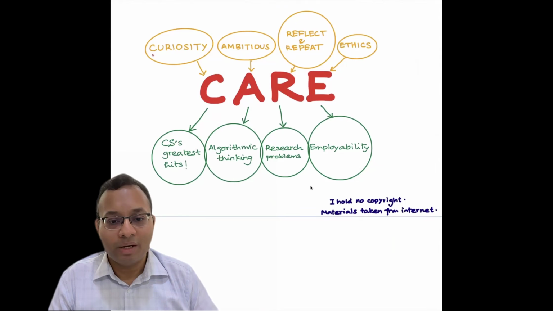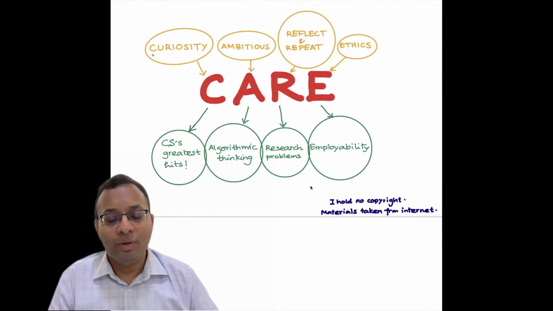I notice new patterns, new insights. So spend some time thinking about the algorithms, solve problems, and repeat. And last, very important, is ethics. The work ethic, academic integrity, and perseverance. That's very important for this course.